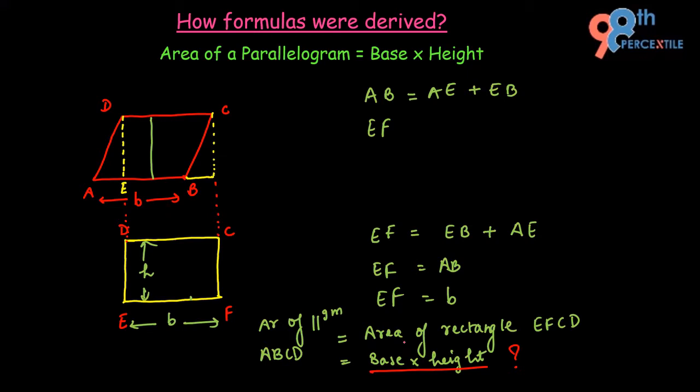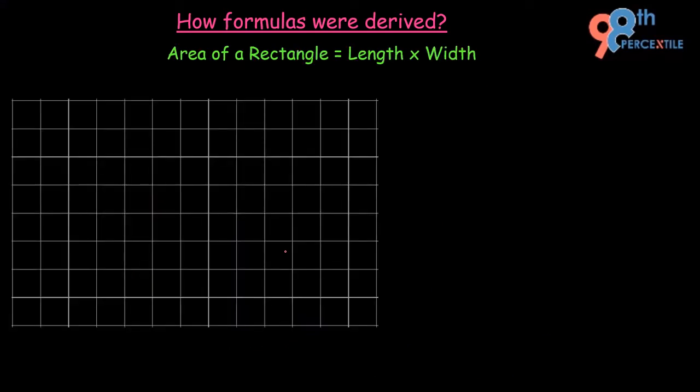And then we saw that the area of a rectangle is also base times height, and in the case of a rectangle we call the base the length and the height the width. So now in this video, in the third part, we will see how the area of a rectangle is length times width.